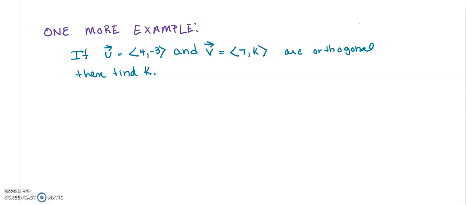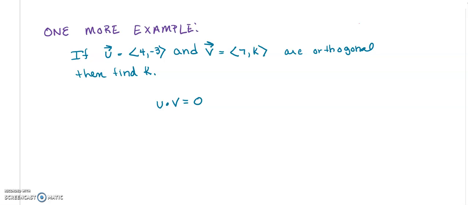Now, if you're understanding the concept, what makes two vectors perpendicular versus parallel, this shouldn't be too bad, because ultimately we should understand that u dot v would need to equal 0 for us to have perpendicular vectors.